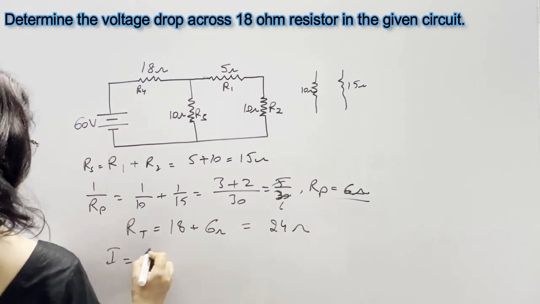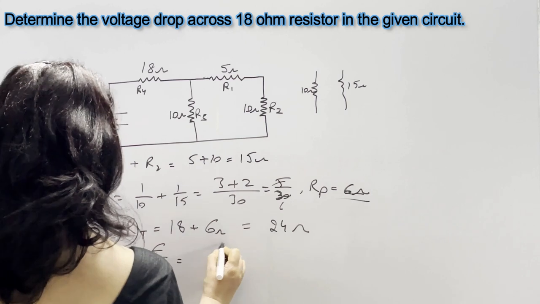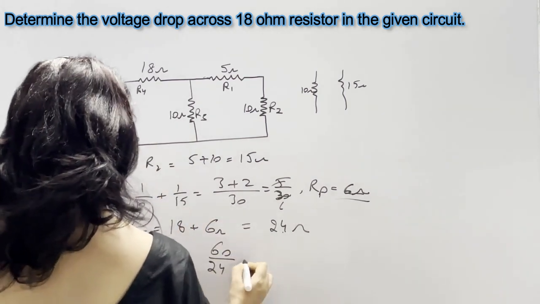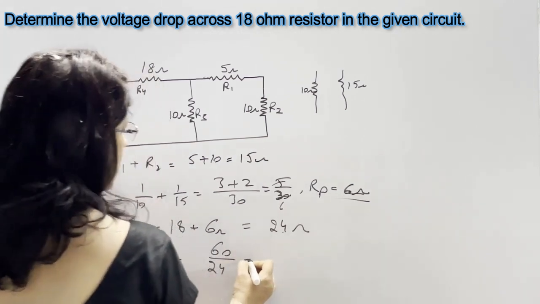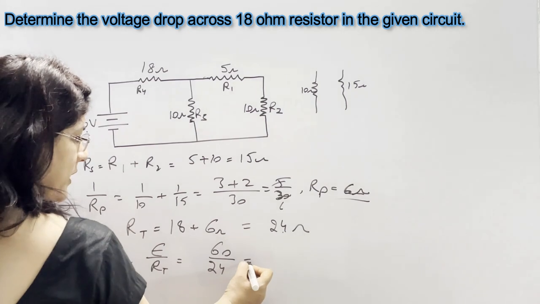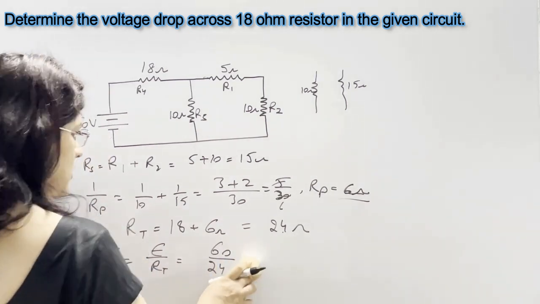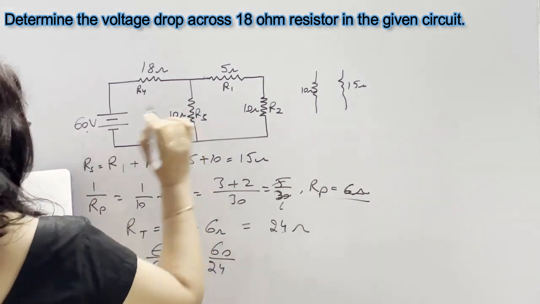Now current in the circuit is EMF divided by total resistance. EMF is given as 60 and the resistance in the circuit is 24. So 60 upon 24. You need not calculate it in decimal at this point. You can leave it as it is, because the final answer they asked for is only the voltage drop.